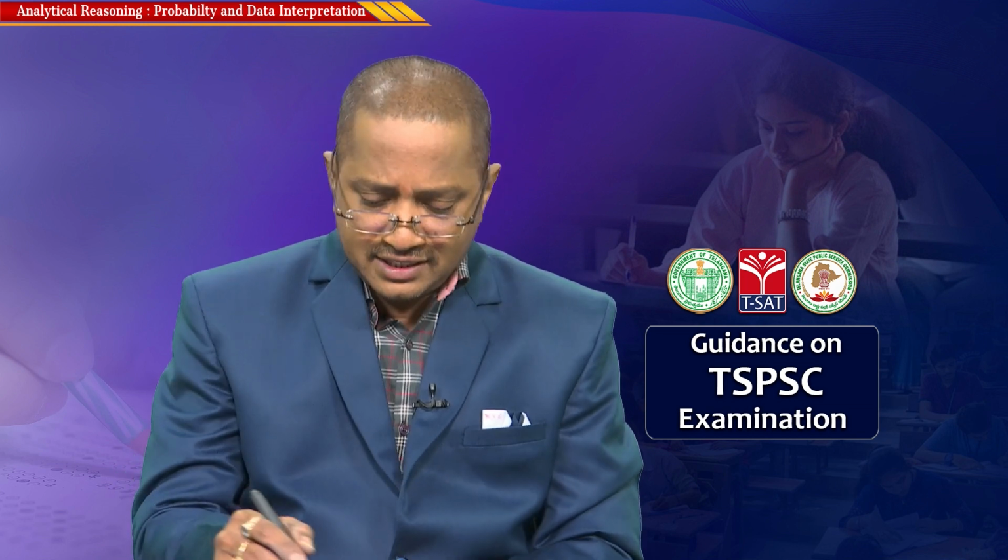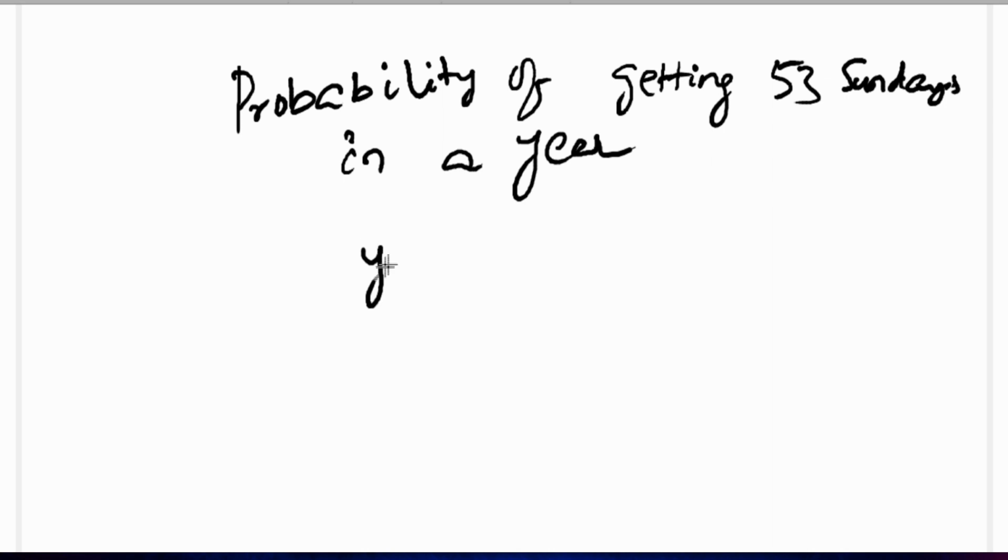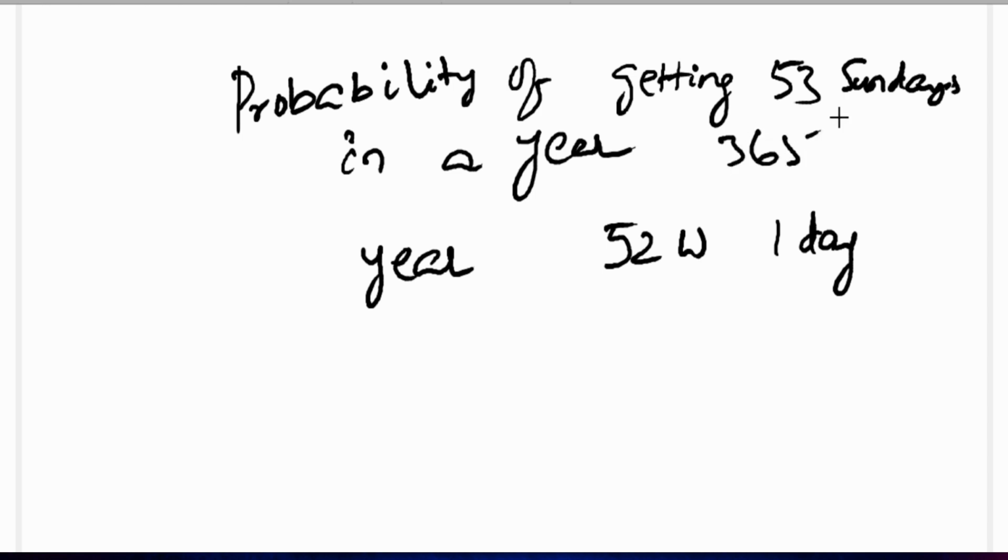A general normal year has 52 weeks and 1 odd day, because the number of days in a year is 365, correct? When you divide 365 by 7, the quotient is 52 and the remainder is 1. So, there are 52 weeks and 1 odd day.